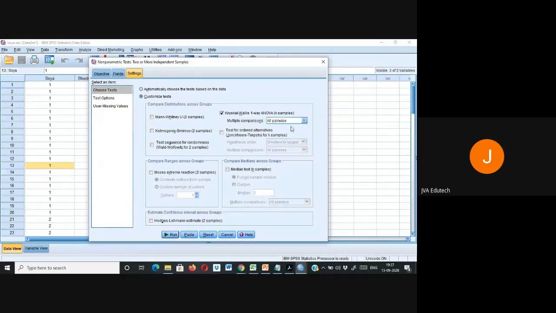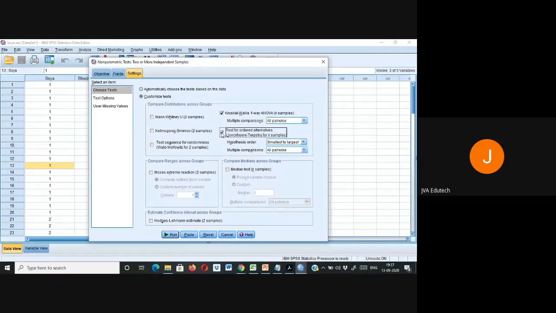We'll see one by one. Let's see, we are using the pairwise method. So you can select this pairwise, then alternatively you can test for the Jonckheere-Terpstra test for K samples.